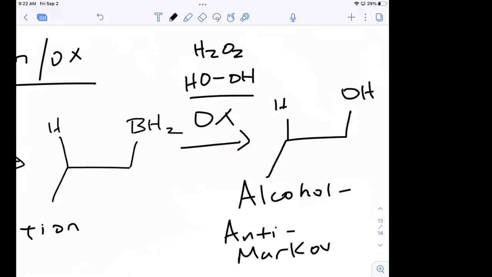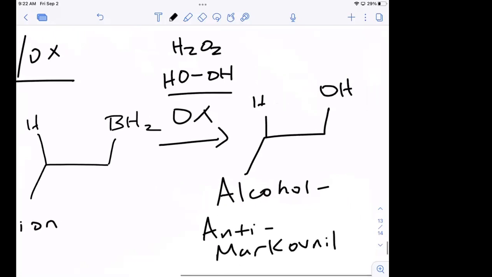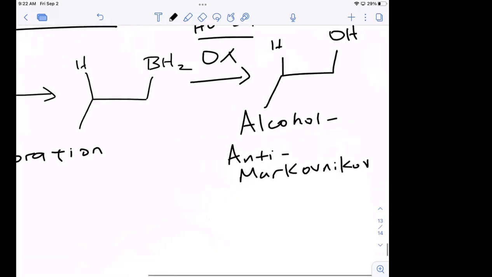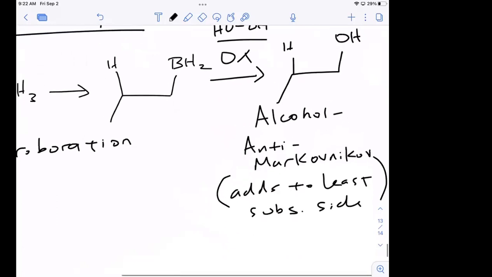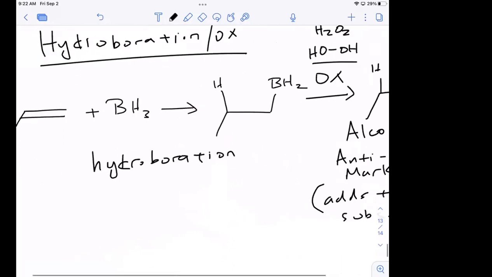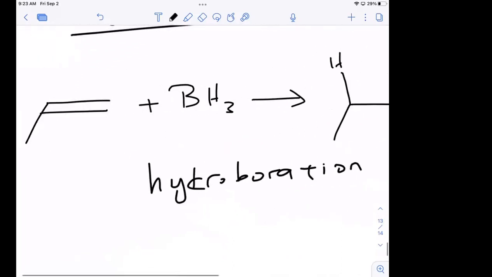Anybody remember that term? No, sir. It means that the OH adds to what we consider on the double bond the least substituted side, right? So here, this is a CH2, and then that's a CH, right?